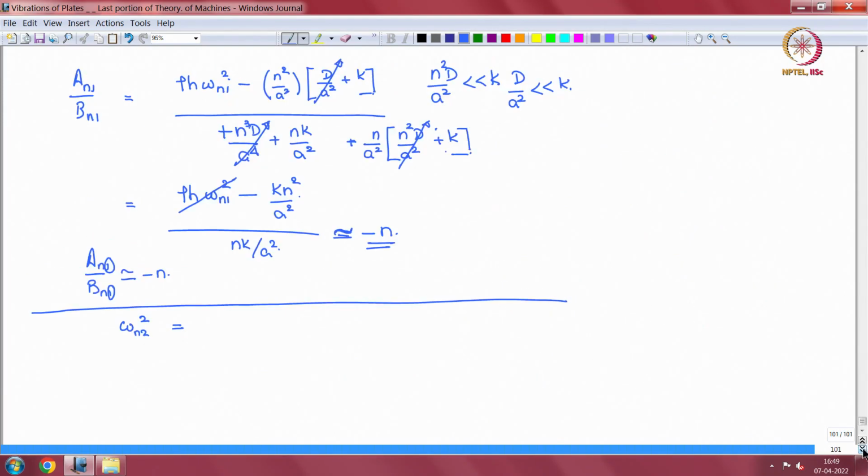So what we get here is k1, which is n square plus 1 by a square rho h into k.